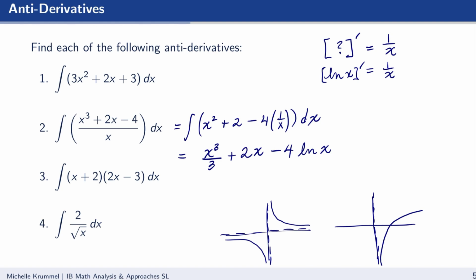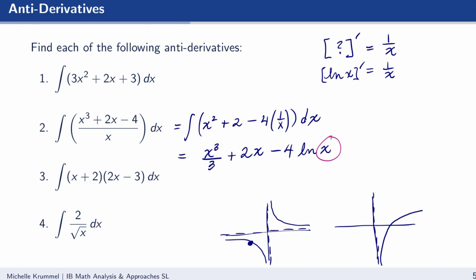So we could run into a problem if we say the antiderivative of 1 over x is equal to ln x, because if we're starting with 1 over x, there's no reason why x couldn't equal -2, for example. That's part of the domain of that function. When x is -2, we've got a point on the curve, no problem. However, the antiderivative function doesn't exist when x equals -2 because you cannot take the log of a negative number.